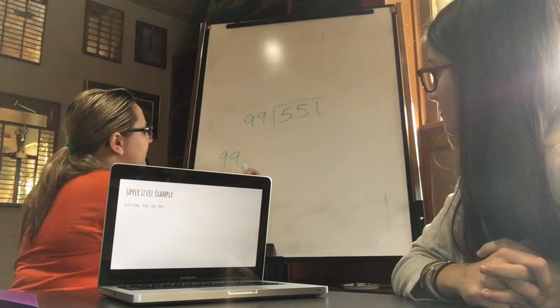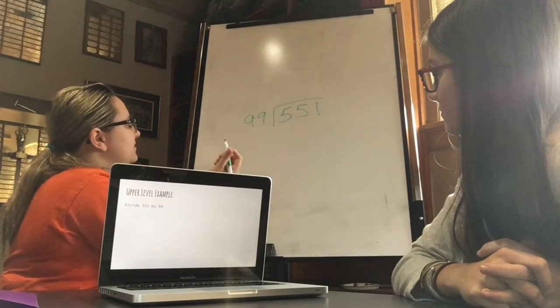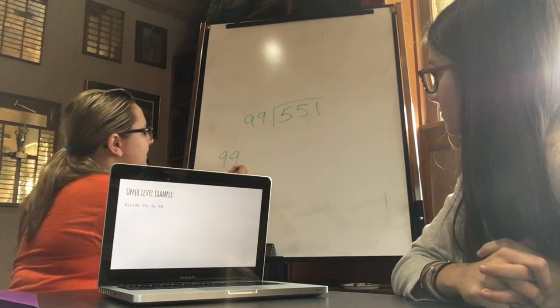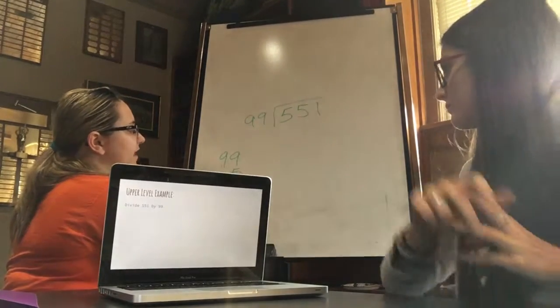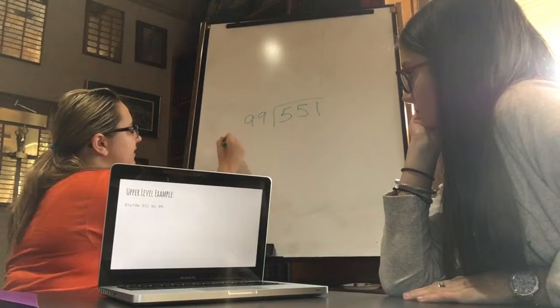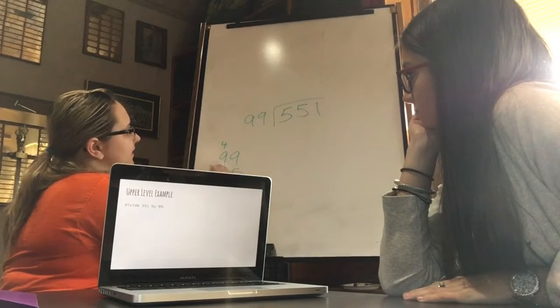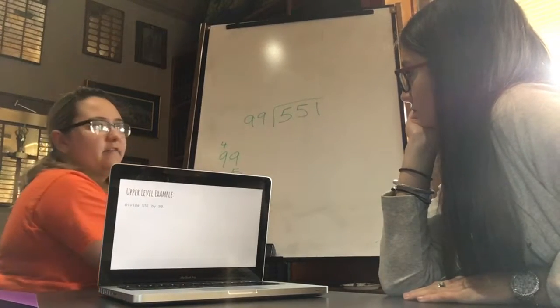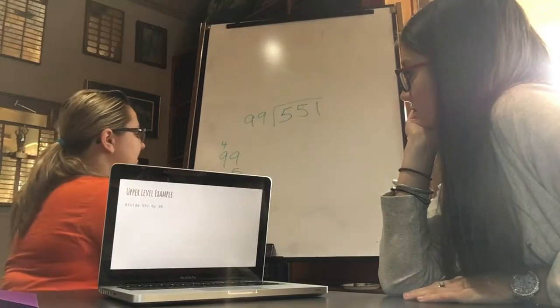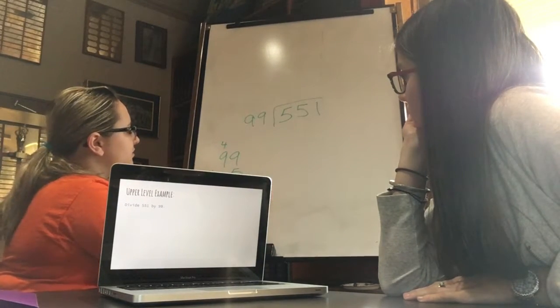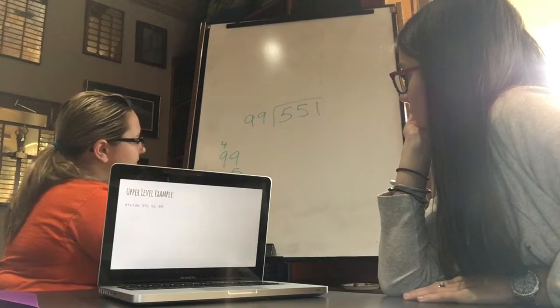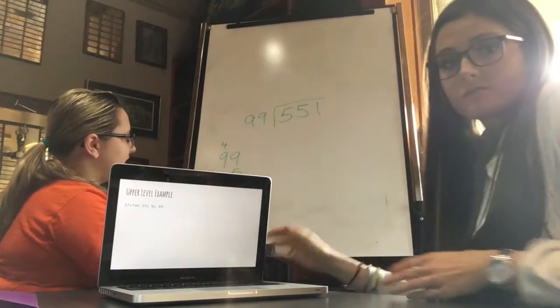We'll try 99 times, let's say 5. So we know 9 times 5 is 45. So there's a 5 right there, and then you carry the 4. And then 9 times 5 again is 45, and then we have to add the 4, which is 49. So that's close. So now we'll try 6. Just to kind of check.